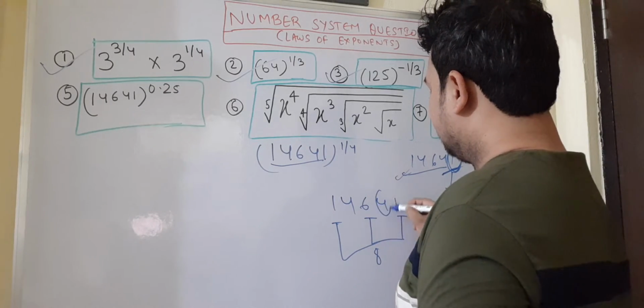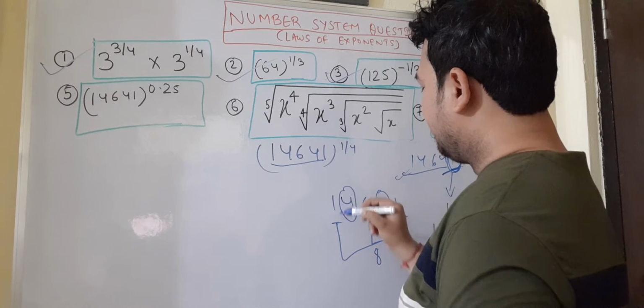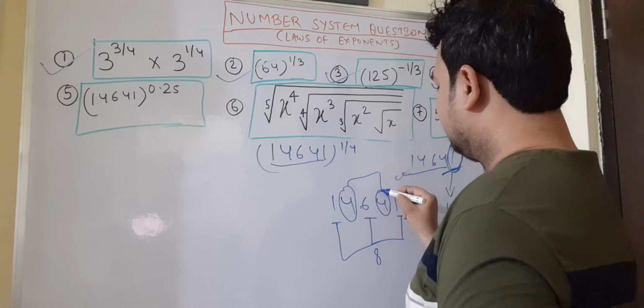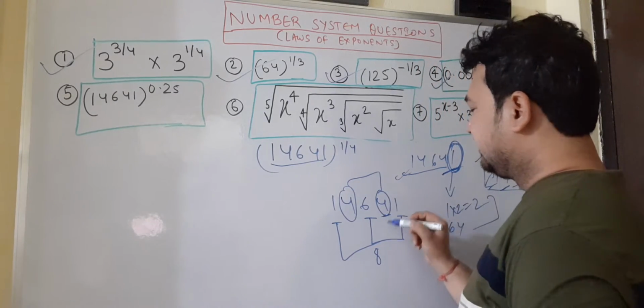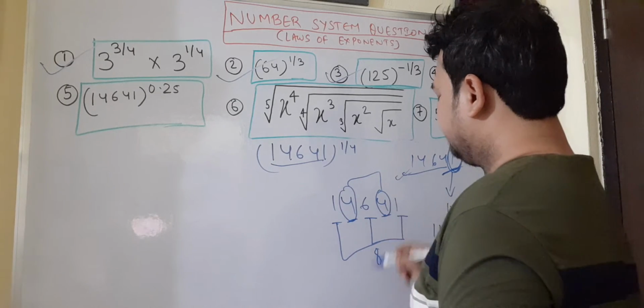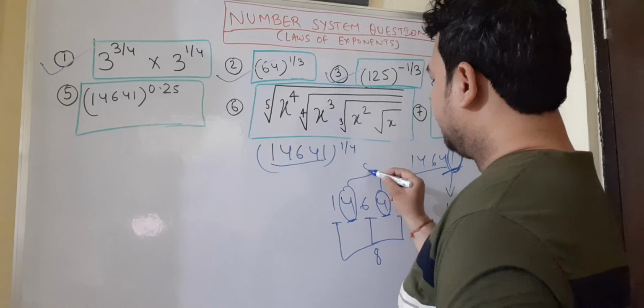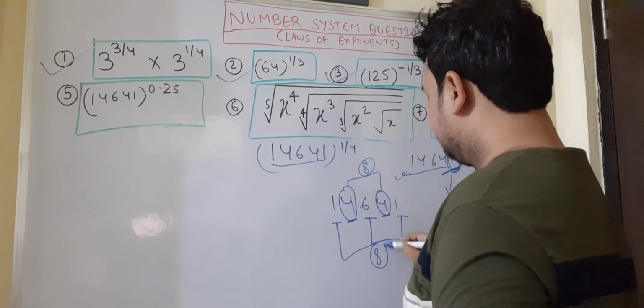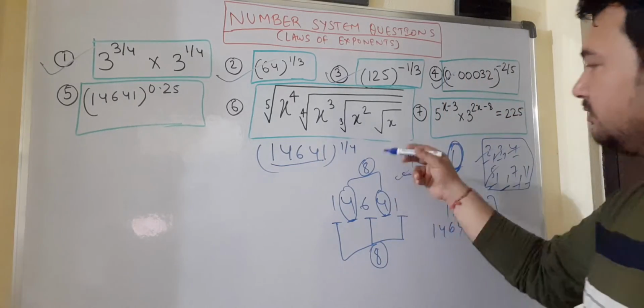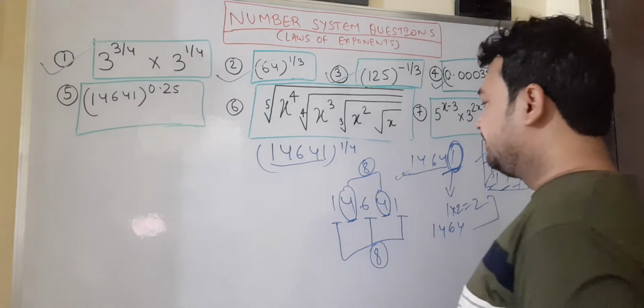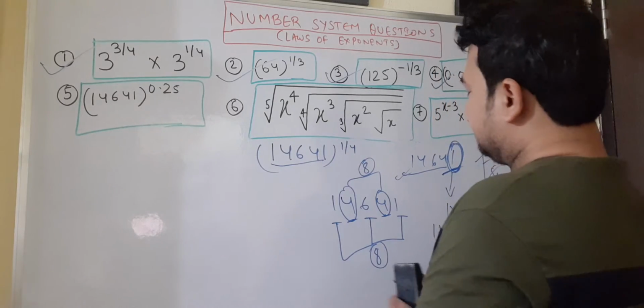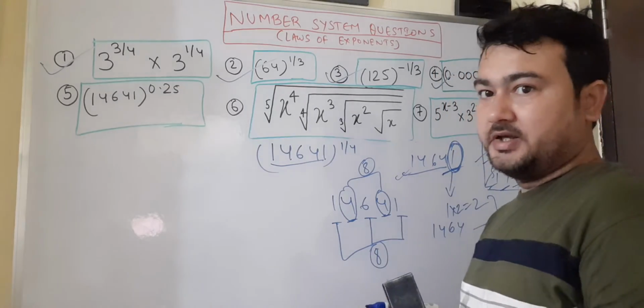And the sum of numbers at the even places, first even place this, second even place this, 4 plus 4, 8. See, if you subtract them, it will be 0. So this number will be divisible by 11.